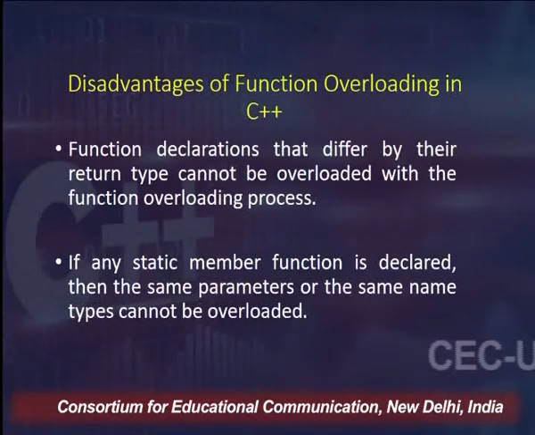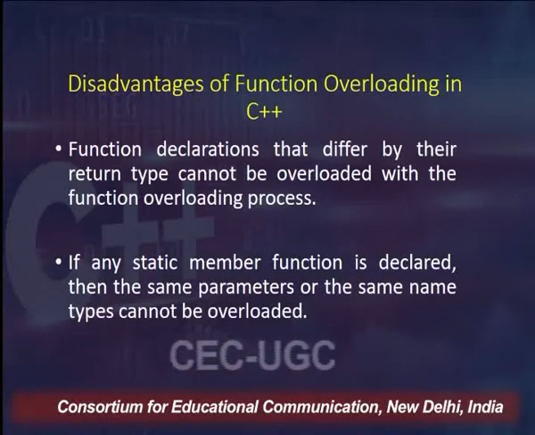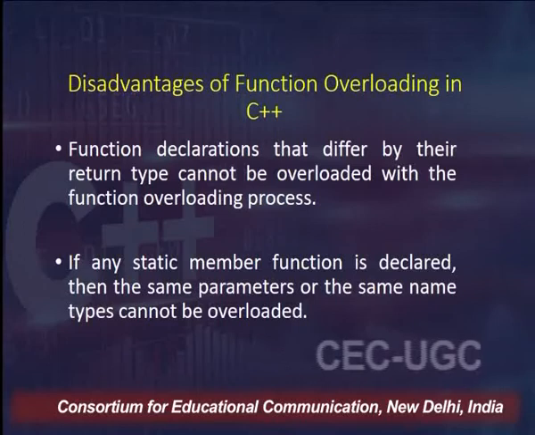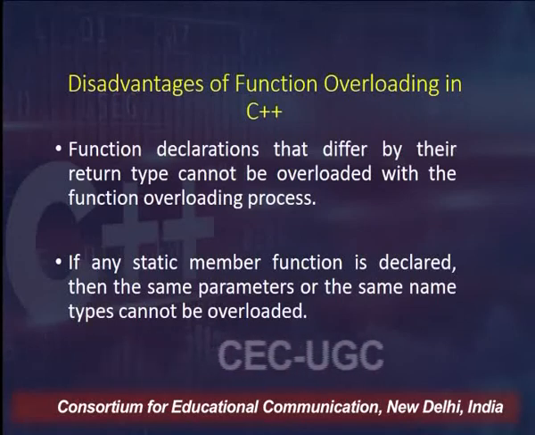Now these were the advantages. One is that the readability of the program increases, and it comes as a natural way of writing functions which have the same name, and also the faster execution. These are the advantages of function overloading.